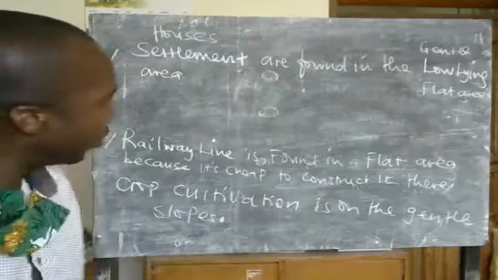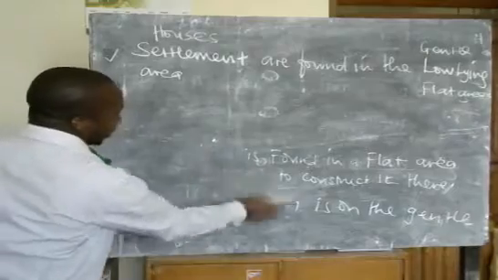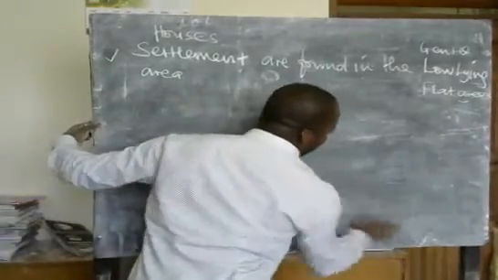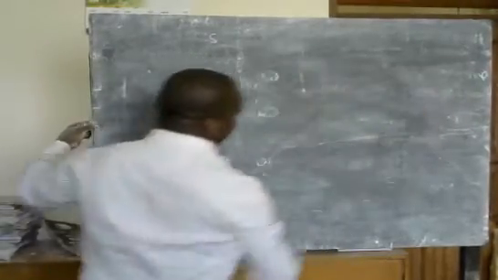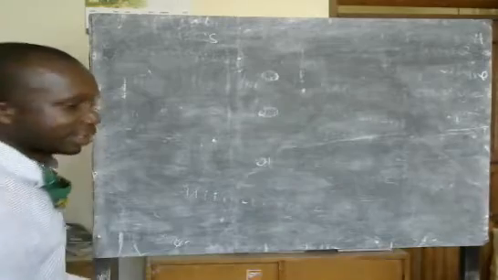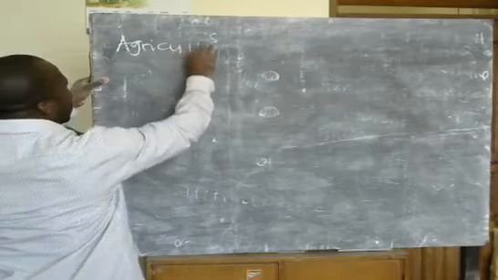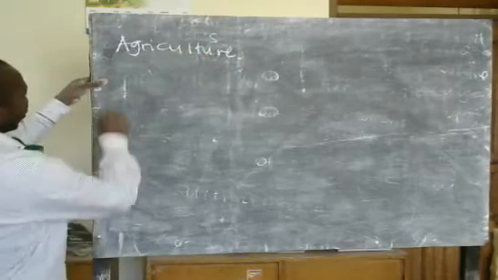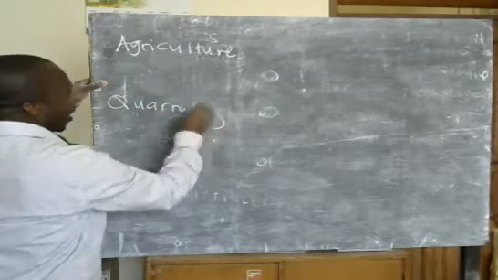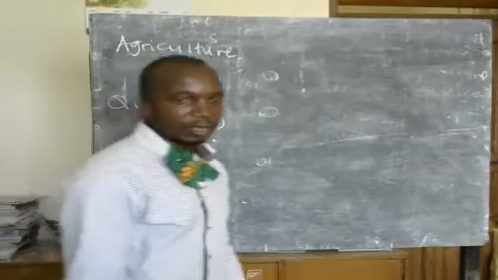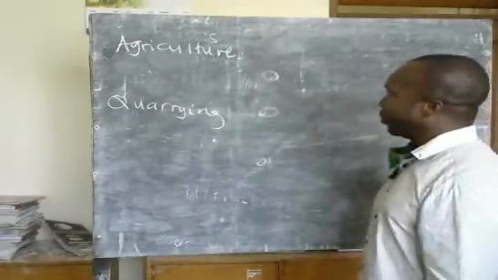Human activities, we have seen, for example, agriculture and quarrying. So in what ways do you think human activities may affect the natural environment?